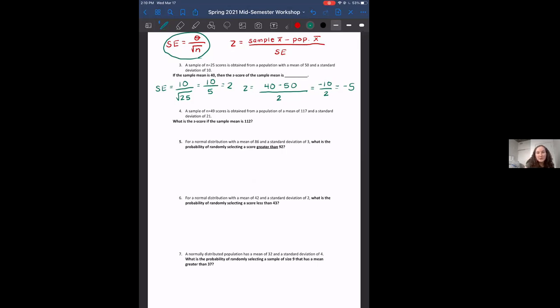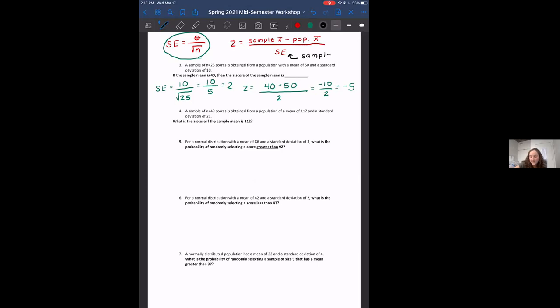Okay, so we had a question in the chat. It says, how do you know to use standard error on the bottom instead of the Z formula from the other problem? For this problem, this is a sample mean. In the other problem, it doesn't say sample, so it's a population. You're going to use this formula right here when it specifically says sample.